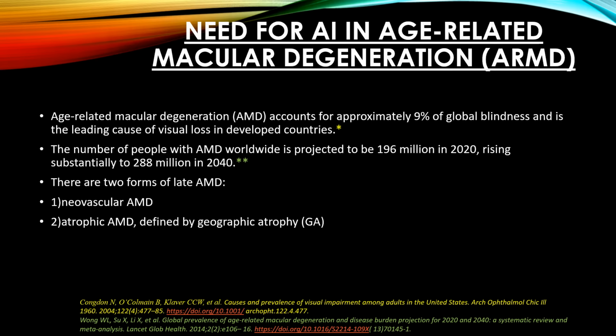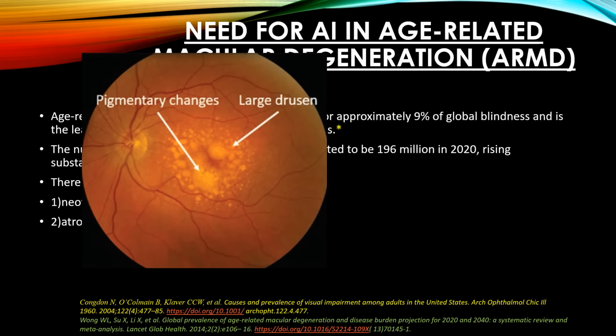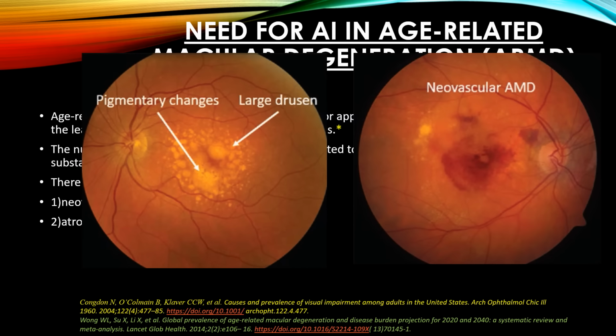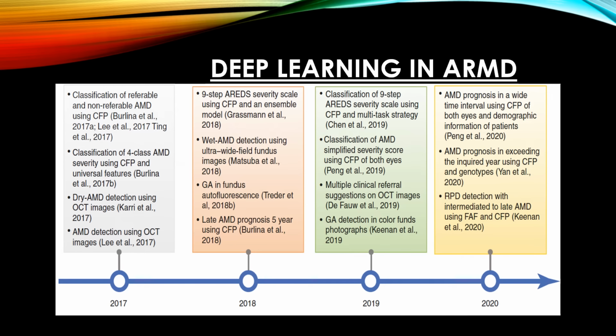There are two forms of late AMD: the neovascular, or wet AMD, and the atrophic, that is the dry AMD, which in its advanced stages is defined by geographic atrophy. This is the dry AMD with pigmentary changes and large drusen, and this is the neovascular AMD where we can see CNVM.